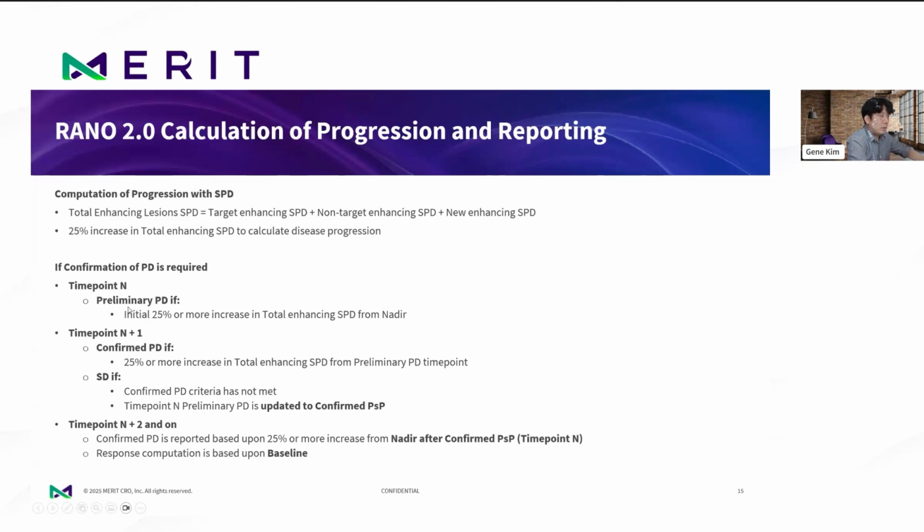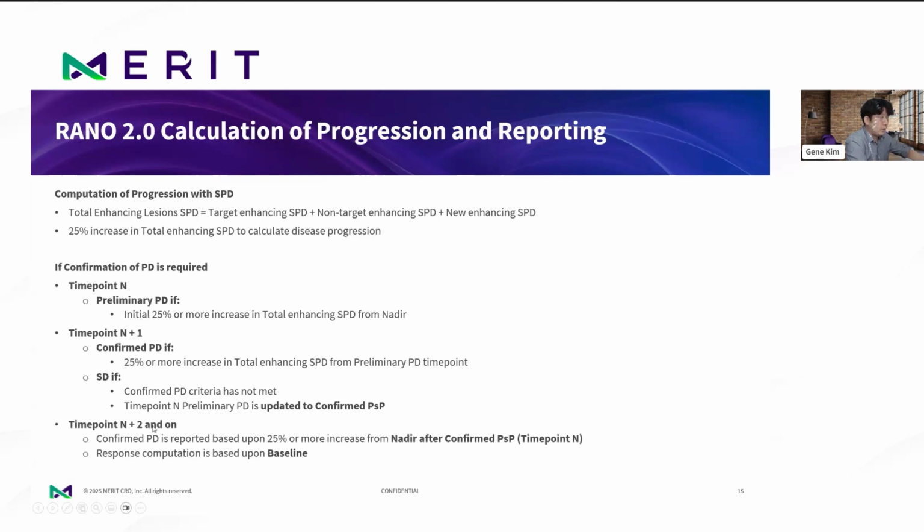So any sum of the products of the diameters that is as small as after the time point N should be considered to confirm a PD in this case, after the pseudo-progression has been determined. One thing I just wanted to emphasize is that the reference point actually changes here for the confirmed PD.